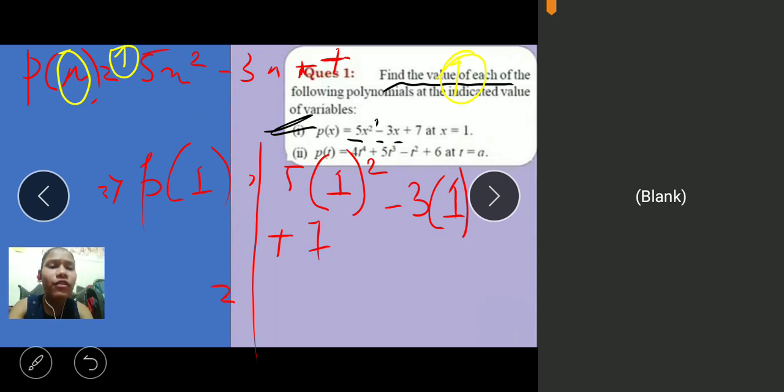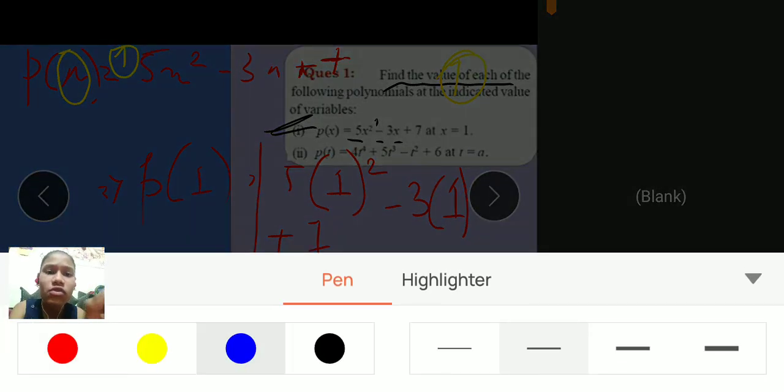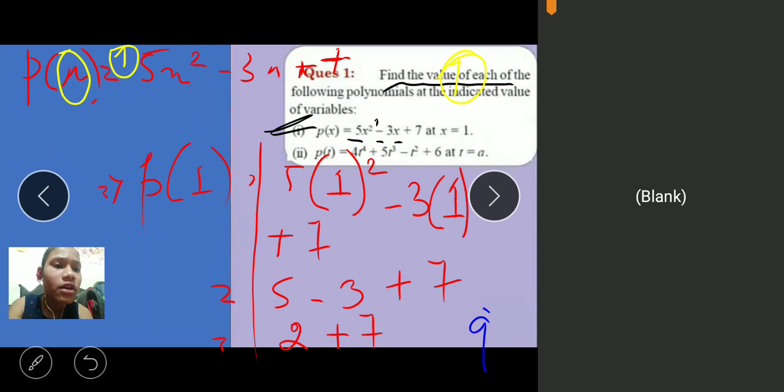Then 5 times 1 is 5, so 5 minus 3 plus 7. 5 minus 3 is 2, plus 7, so the answer should be 9. So the correct answer of this question is 9.